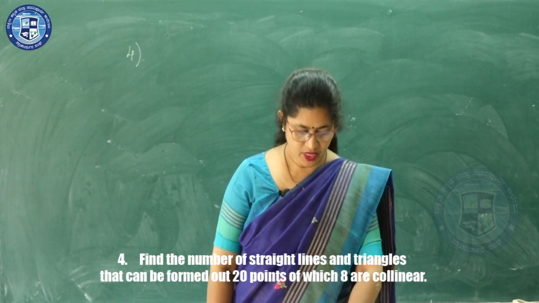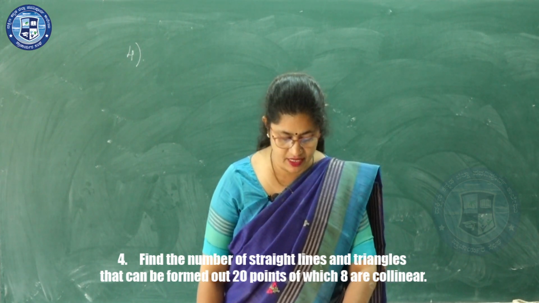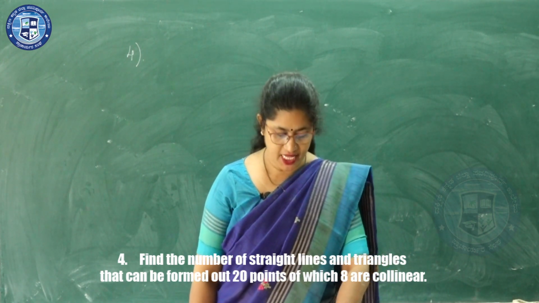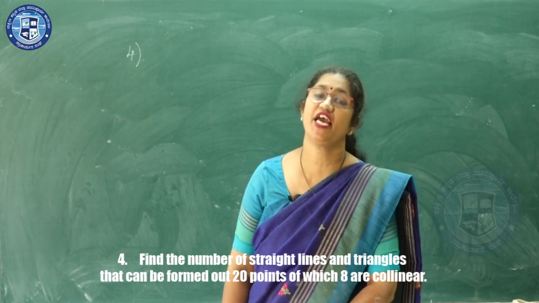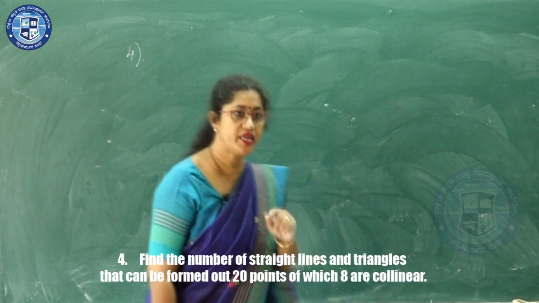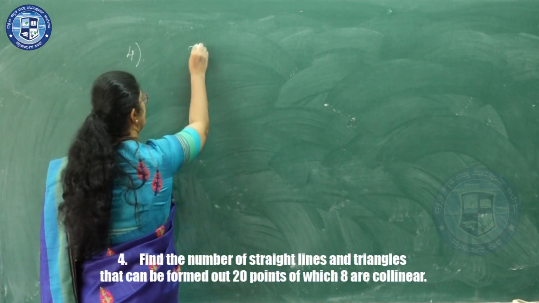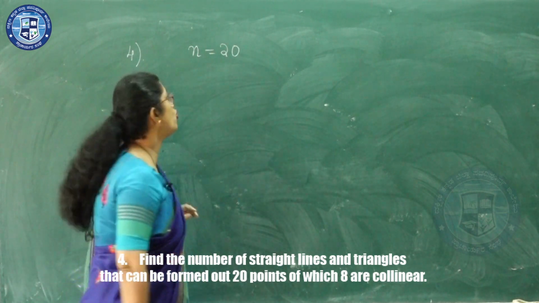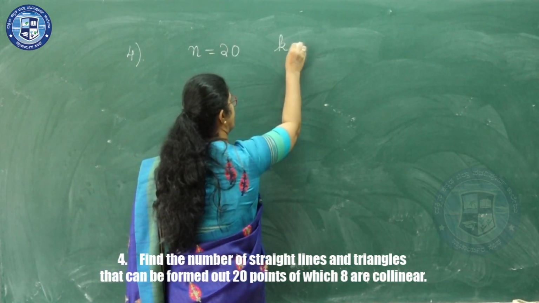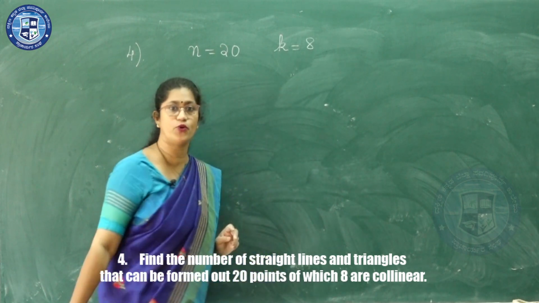Question 4. Find the number of straight lines and triangles that can be formed out of 20 points, of which 8 are collinear. We are given a total of 20 points, and the total points we take as n, collinear points we take as k, and this is equal to 8.